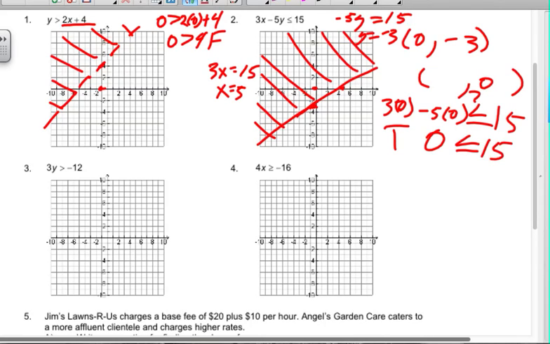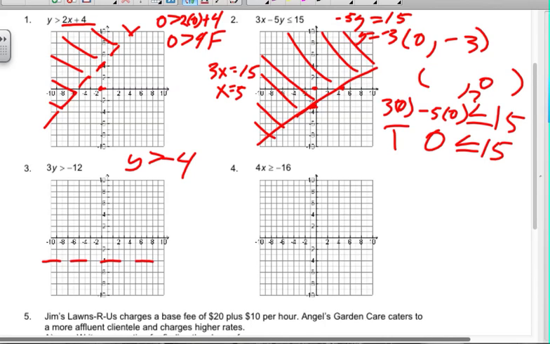Okay, number 3. 3y is greater than 12. Okay, let's solve this for y. So that will give me y is greater than negative 4. Okay, and at this point now, I can graph that line. And it's greater than, not equal to, so this is going to be dashed like this.